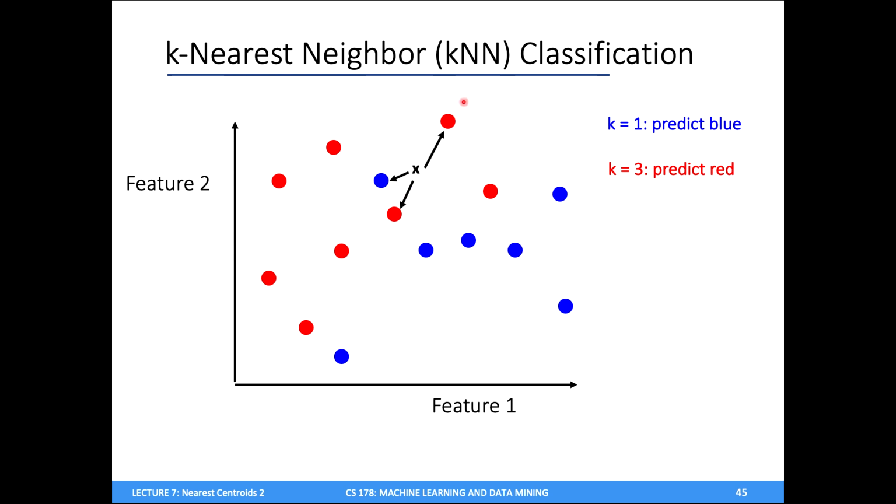And since there are more red dots in the neighbors than blue dots, I'm going to predict red. If I increase k to 5, I'll also predict red, just counting up the number of red labels here. So the idea is that we can look locally near data point X and see what labels its neighbors have, and use those labels to inform our prediction.